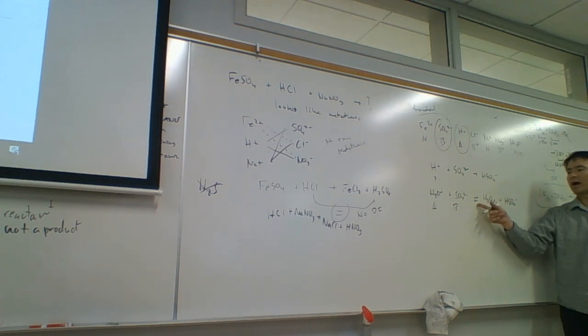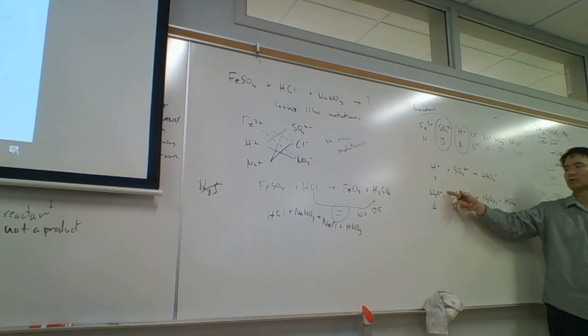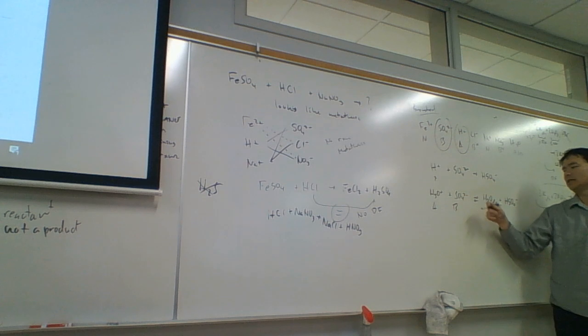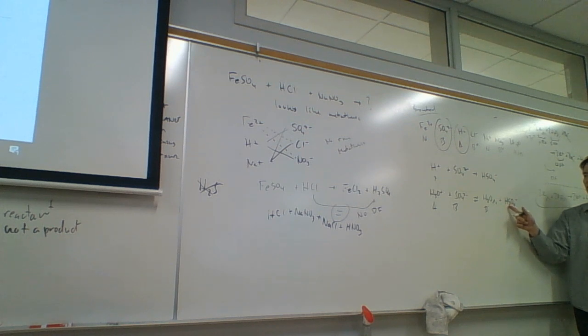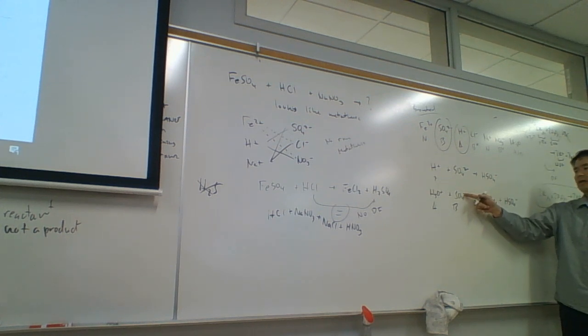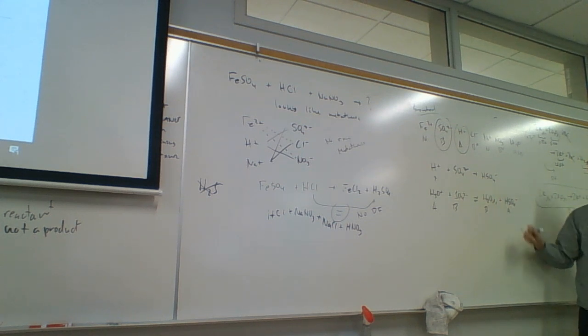So water going backwards, does it lose or does it gain going backwards? So water ends up going to hydronium. So it gains. So that means it's the base. Bases gain proton. Acids lose the proton. So HSO4 minus, when we go backwards, loses the H. And so that's our acid.